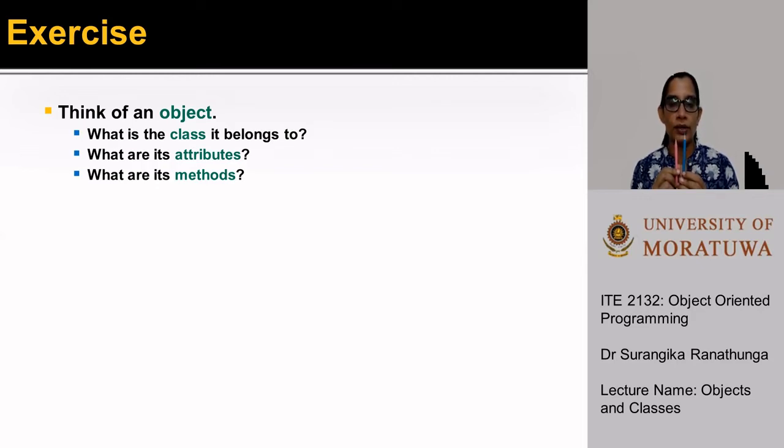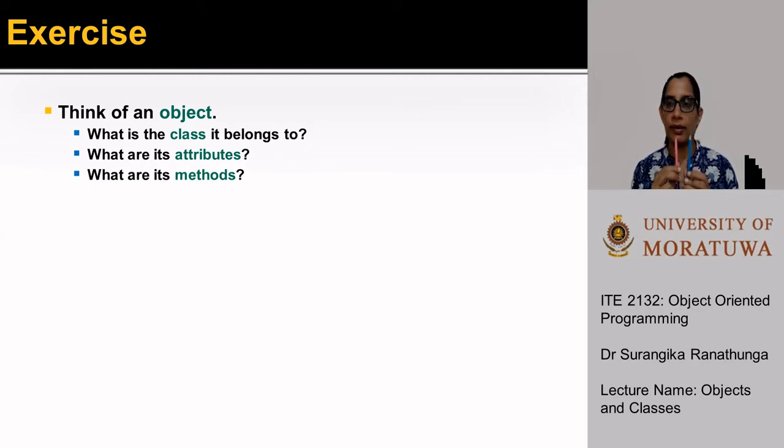So the class would define the attributes as the color and the length. Our pink pencil has the color attribute set to pink and the length set to whatever length it is. Similarly, when we create our blue pencil, its color attribute will be set to blue and its length will be set to whatever length it has.